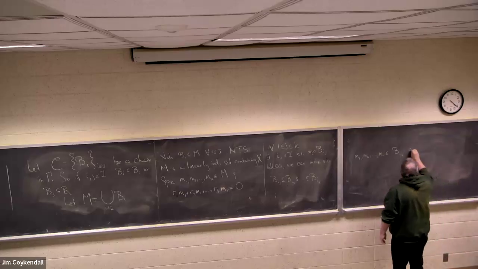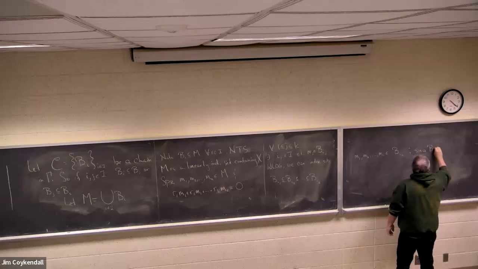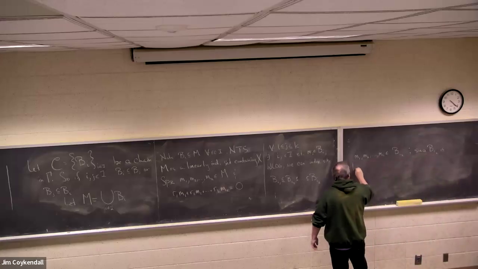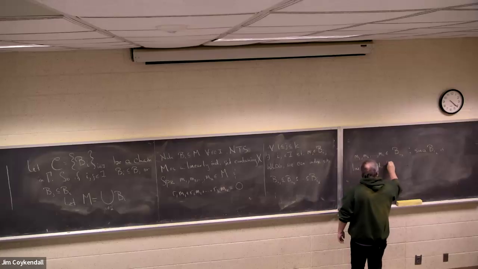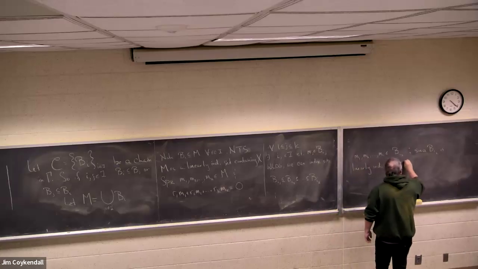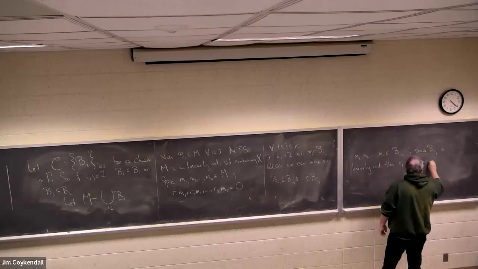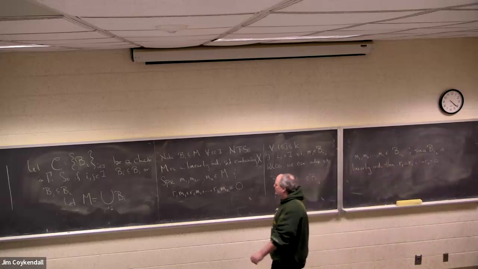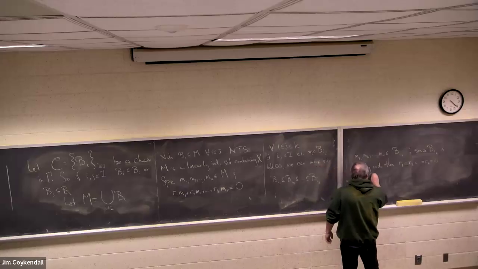Therefore, and since B_IK is linearly independent, then R1, R2, up to RK, all the coefficients are zero. So Zorn's lemma applies.